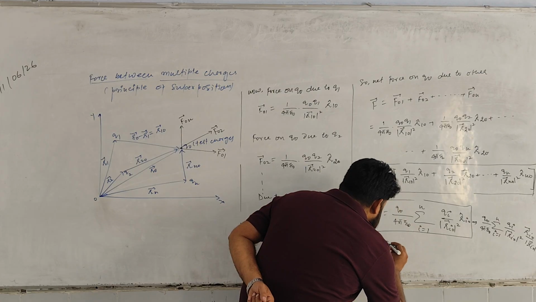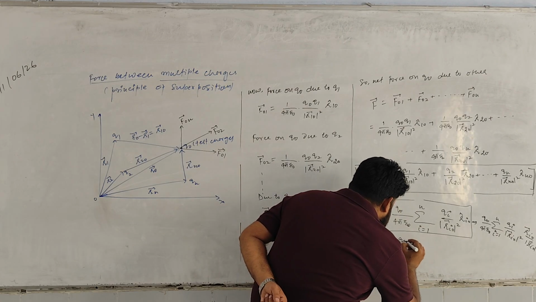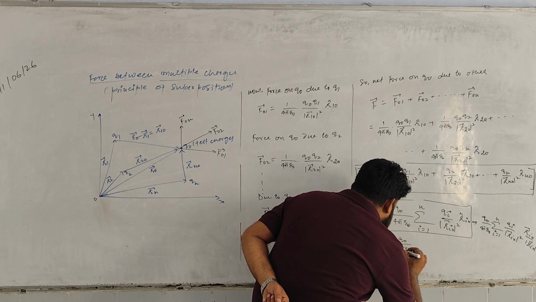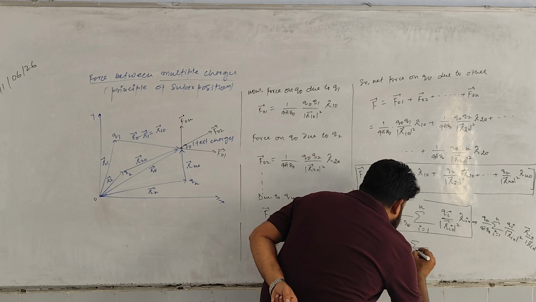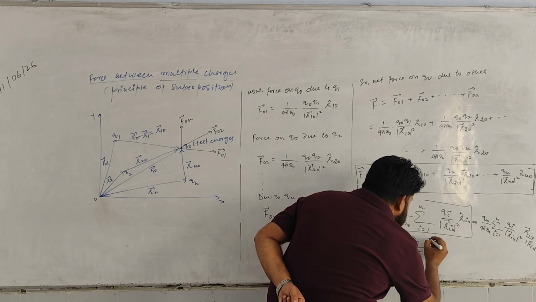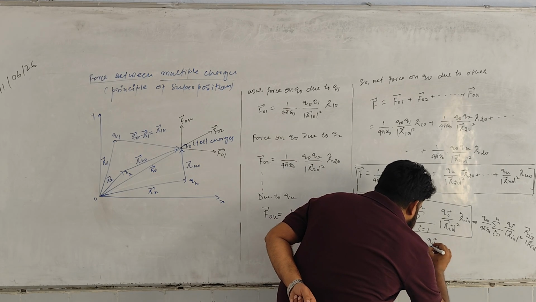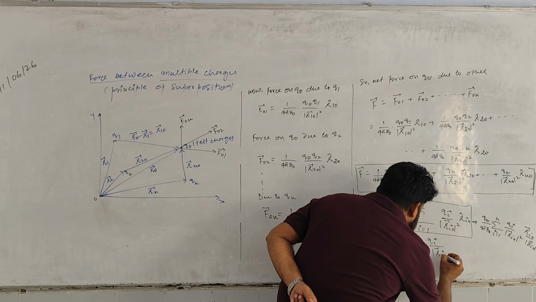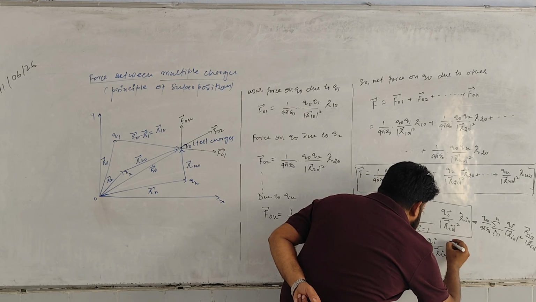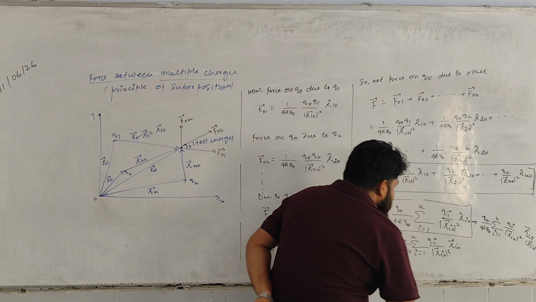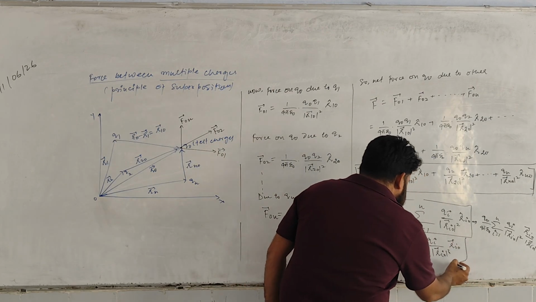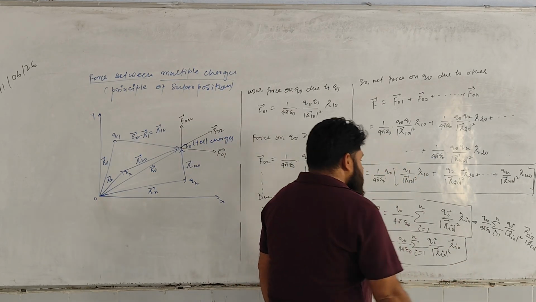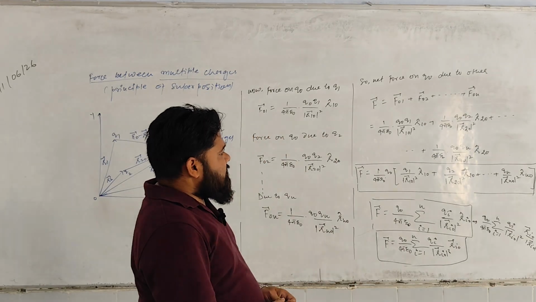So the equation reduces to q naught over 4 pi epsilon naught summation i goes 1 to n, and that becomes qi upon magnitude of ri naught cube and vector ri naught. That's the force due to the multiple charges on a test charge.